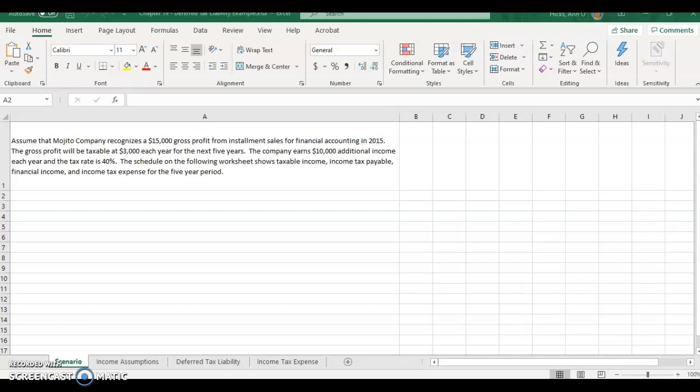So the purpose of this video and this Excel spreadsheet is to walk us through how we handle deferred tax liabilities. As you should have learned from reading Chapter 19, the issue with accounting for income taxes in our financial statements is that the income tax expense on the income statement is based on financial statement income.